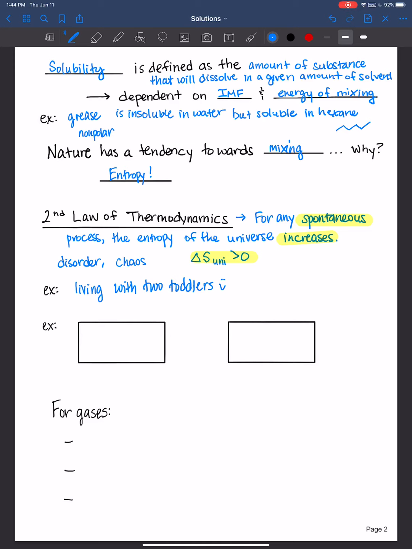Let's think about 2 noble gases. So I have a box, and the box has a compartment, and I'm isolating 2 noble gases. I'm going to use different color pens here. So I have neon in blue and argon in red.